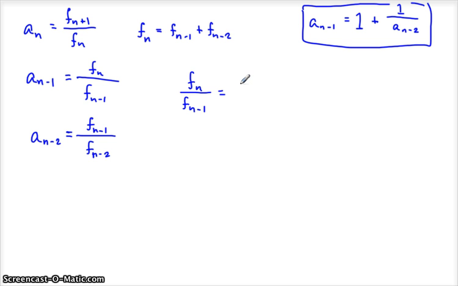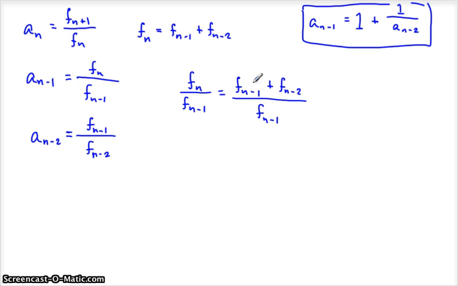So we're going to say that f sub n is equal to f sub n minus 1 plus f sub n minus 2. Remember, this is what we said, that if you want to find the number of rabbits in a particular month, add up the number of rabbits from the 2 previous months. So n minus 1, n minus 2. And we're going to put that over f sub n minus 1.